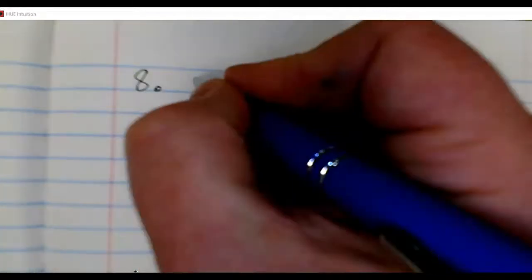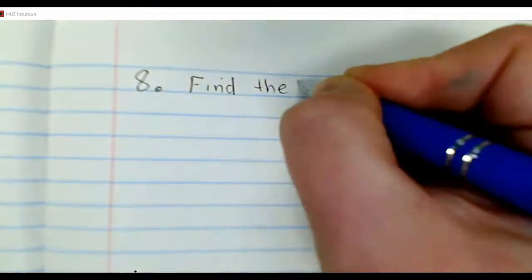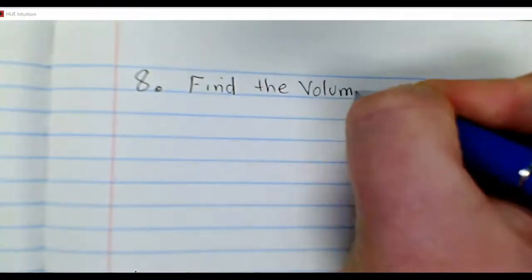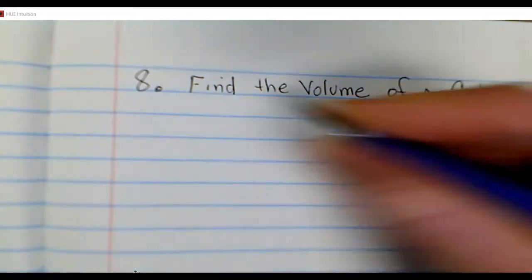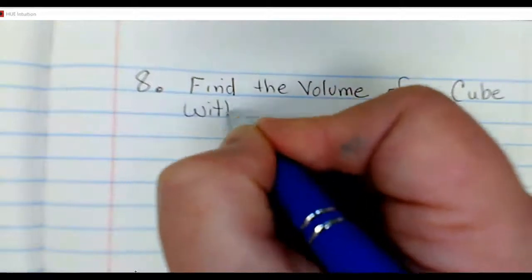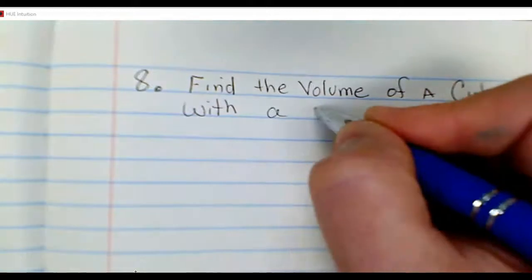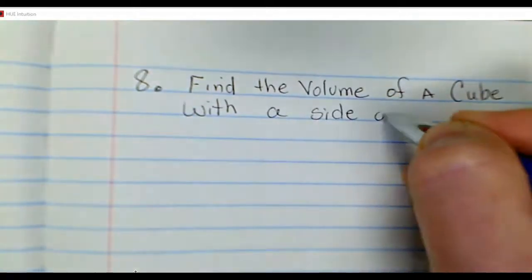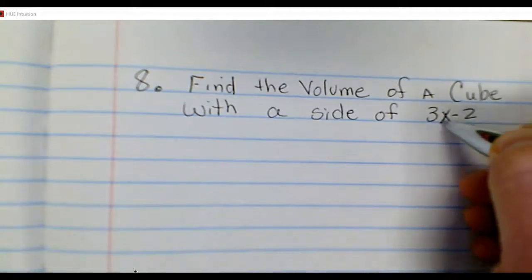Again, this has connections to geometry. Find the volume of a cube with a side of 3x minus 2.